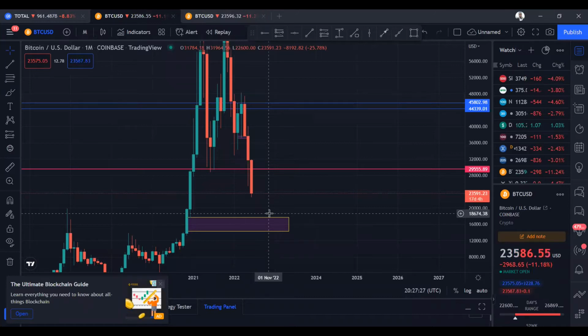To me, my zone is still somehow valid, because before we expect a bounce, we need to get a reasonable support being created. And by the time that reasonable support is created, there have to be some ranging and consolidation to accumulate. Market makers have to accumulate some funds and all those things.